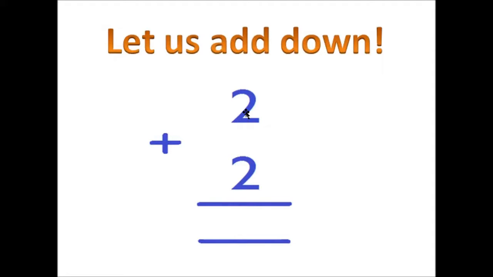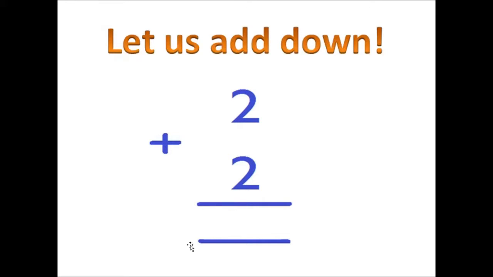We have 2, and I'm reading down again. We're going down. 2 add 2 equals something. All right? 2 add 2 equals something. So we need to find out what answer would go here.